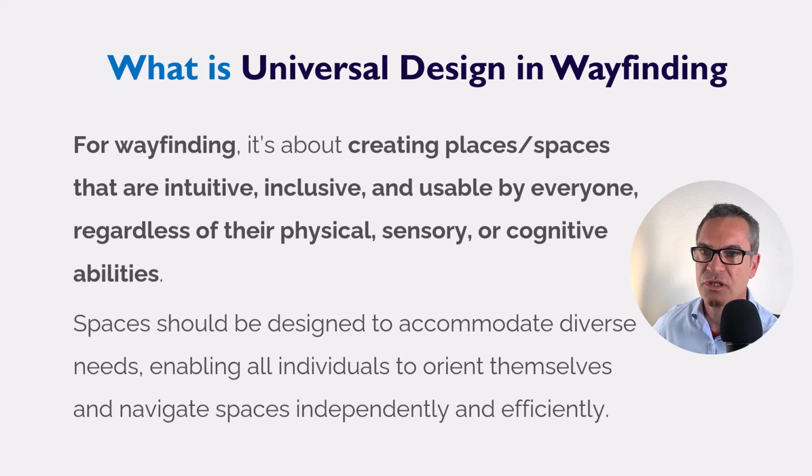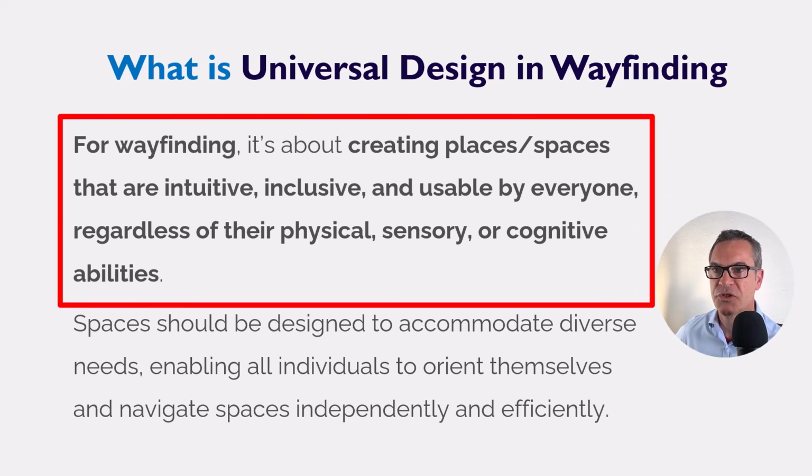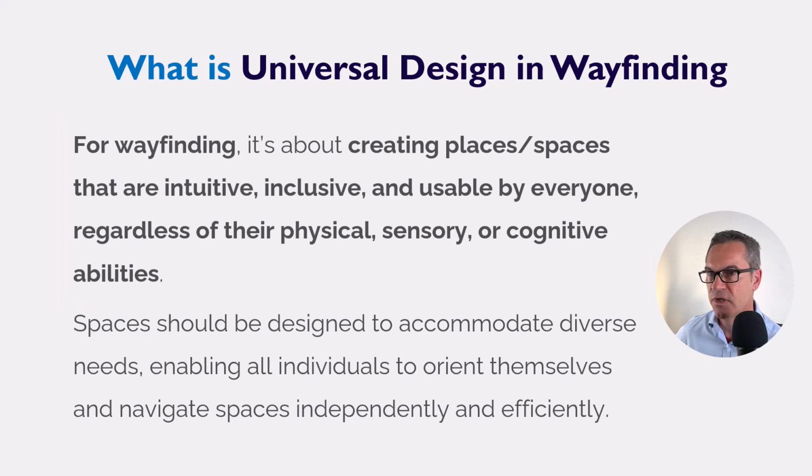The next definition, this is more specific. I've adapted this more to be specifically for wayfinding. So what is universal design in wayfinding? I've said for wayfinding, it's about creating places and spaces that are intuitive, inclusive, and usable by everyone, regardless of their physical, sensory, or cognitive abilities.